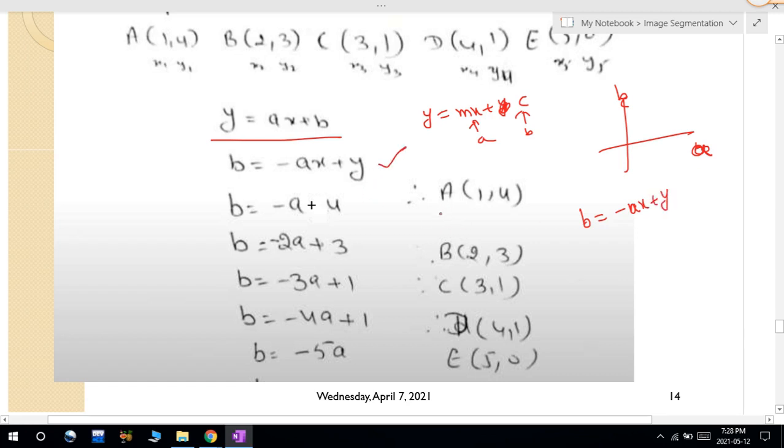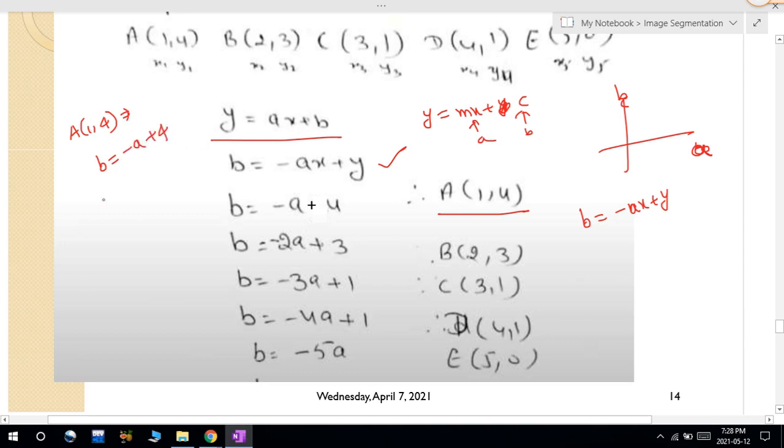Now I will take these points, like A (1,4). The first step within the Hough transform is to convert the xy plane into the AB plane. After that I take all the edge points, like A (1,4), and substitute in this equation. So we get b equals minus a plus 4.